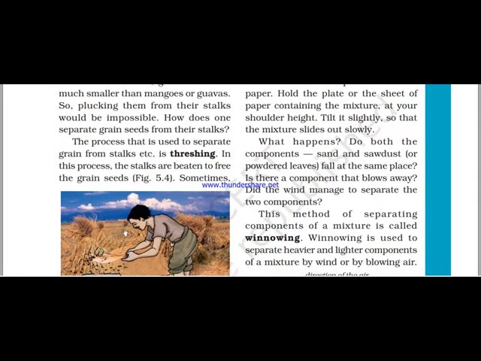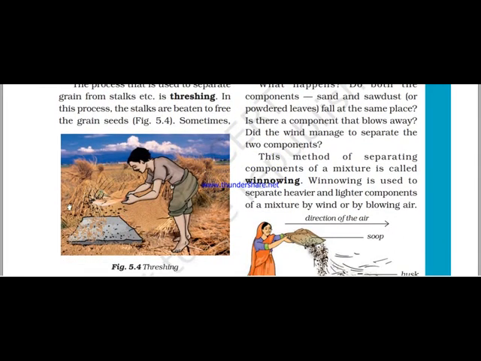The stems of the plant are first dried in the sunlight, and after that the bundle of the stalks is collected and beaten so that the grains are separated from the stalks. So the grains present in the stalks get separated out. So this method is known as threshing.